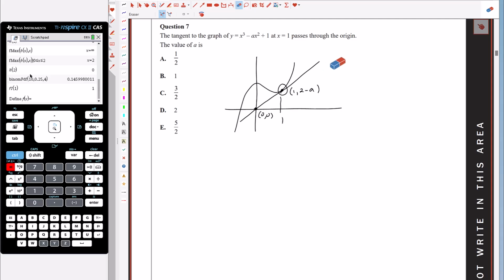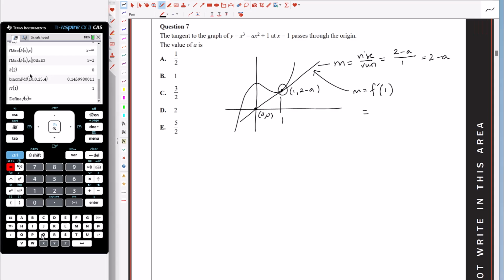We could do the gradient using rise over run, so the gradient is going to be 2 minus a over 1, so it's 2 minus a. But we also know the gradient is the derivative at this point, f dash at 1.